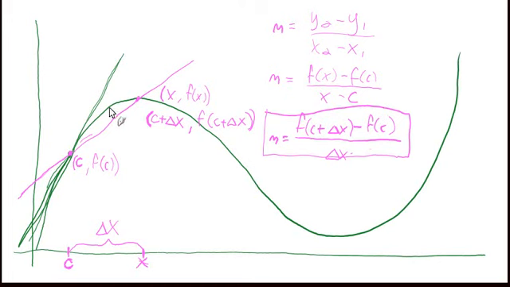But what happens if, instead of having such a big delta x here, such a big gap, what if we cut it down almost by half, or right out of half? Now look at this pinkish line and compare it to the green line.